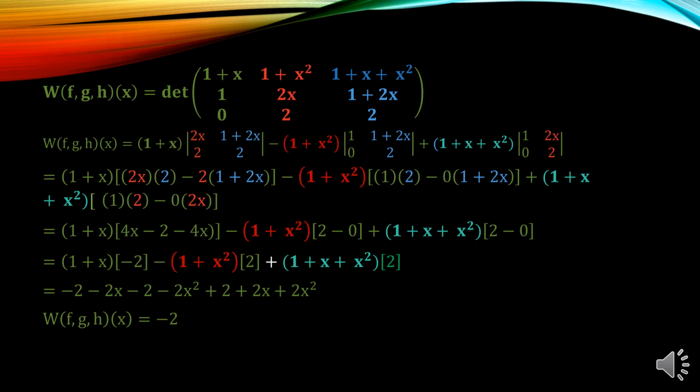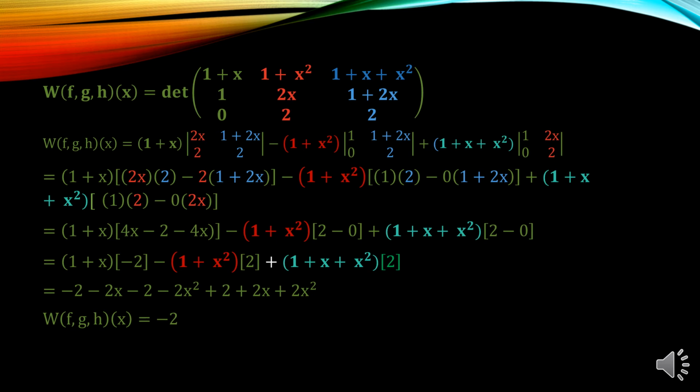In other words, it is used in solving non-homogeneous differential equations, or in solving systems of differential equations, and it will also provide us with information about whether or not functions are linearly independent or dependent. Therefore, what is the implication if we are getting our answer as a negative 2?